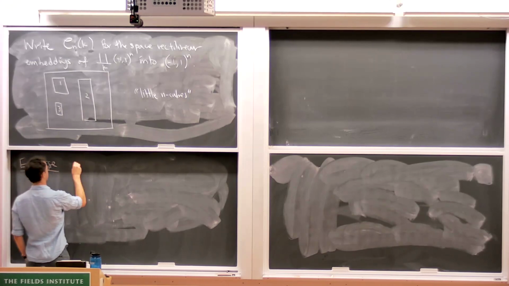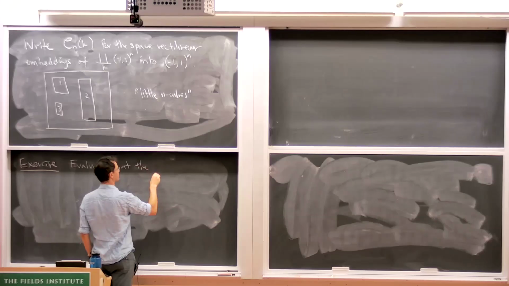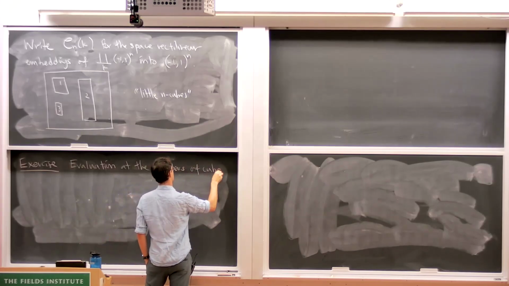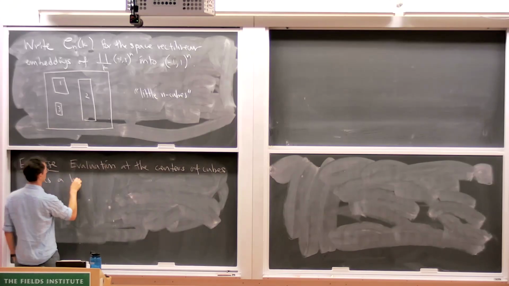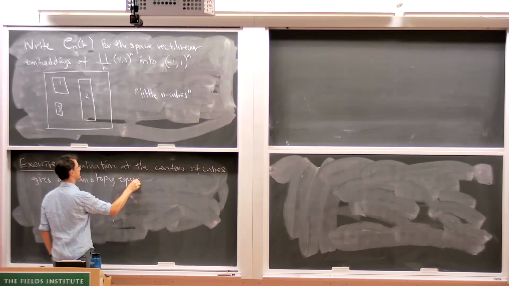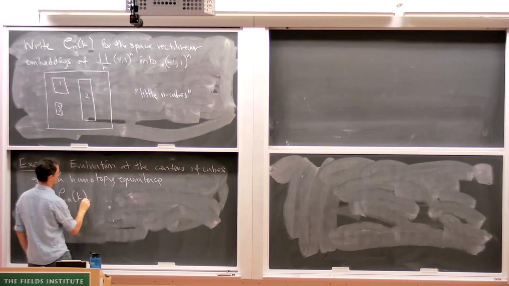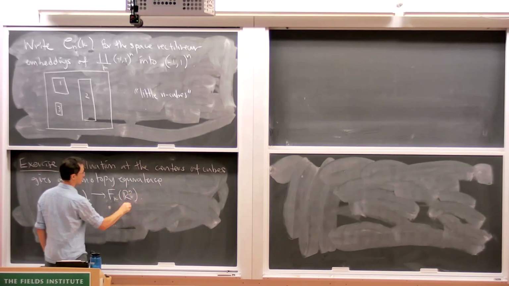So evaluation at the centers of cubes gives a homotopy equivalence between the space Cn of k and the configuration space of k particles in Rn.